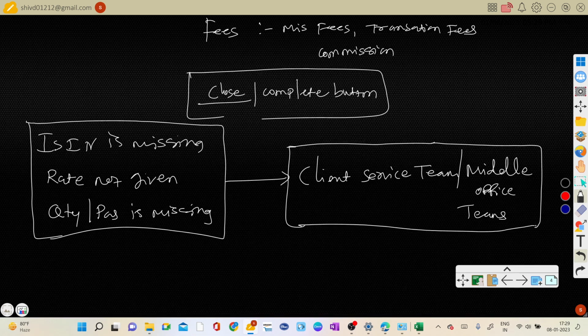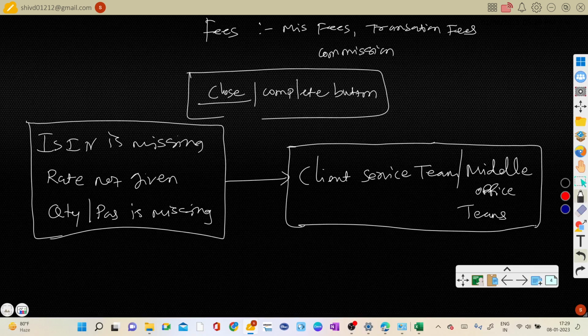So you cannot create a record if the rate is not given, if quantity is missing or par amount is missing from the Excel sheet or data sheet which you have received. Those are the challenges at processing level. The language we use is a simple email statement like, hi team, can you please confirm the ISIN, can you please provide quantity, amount and all.